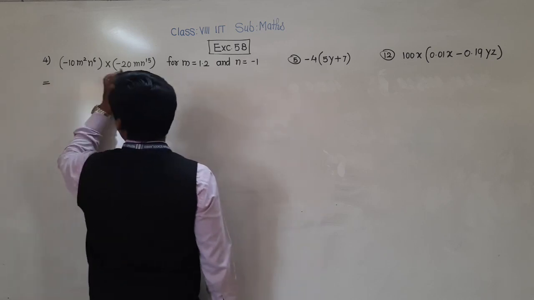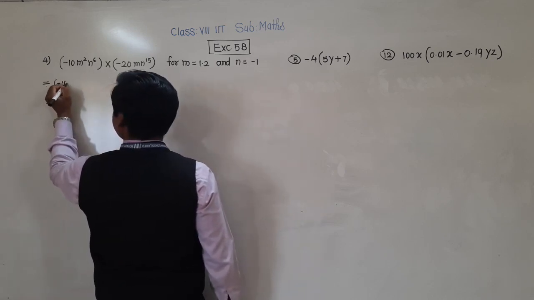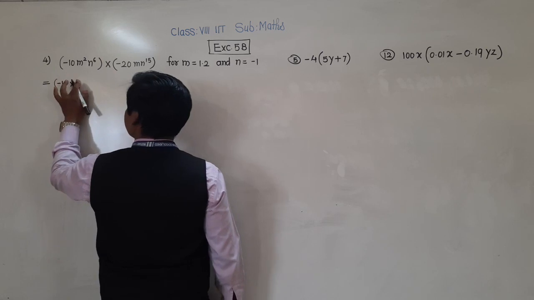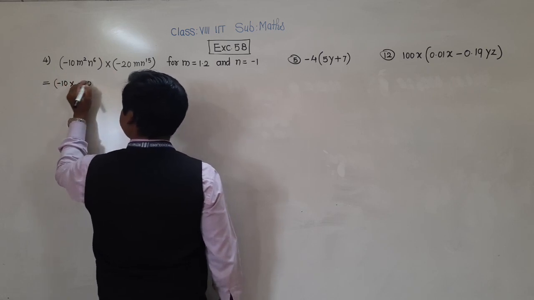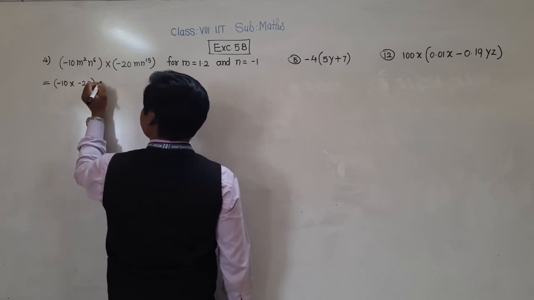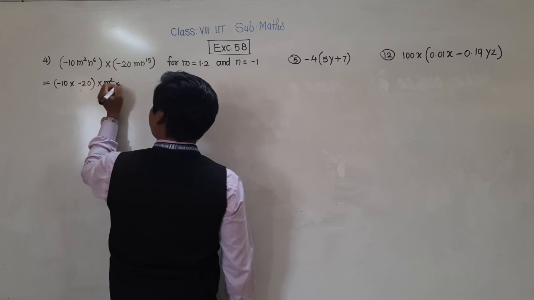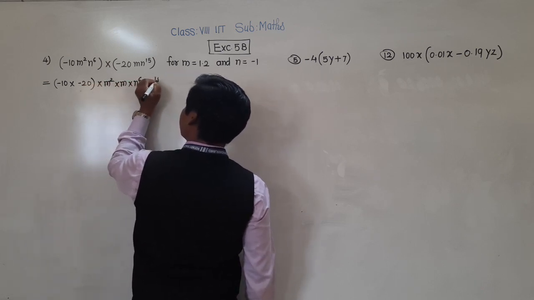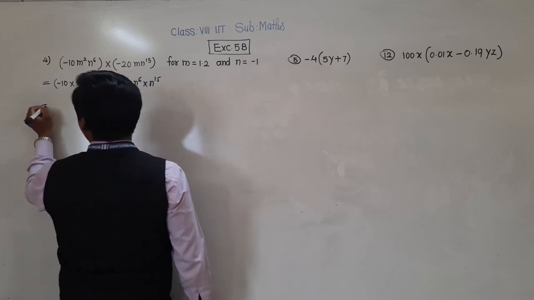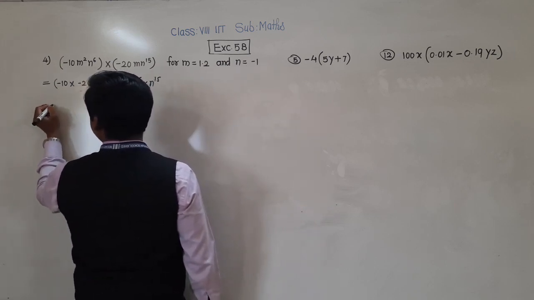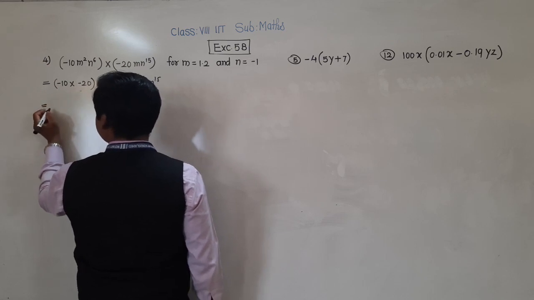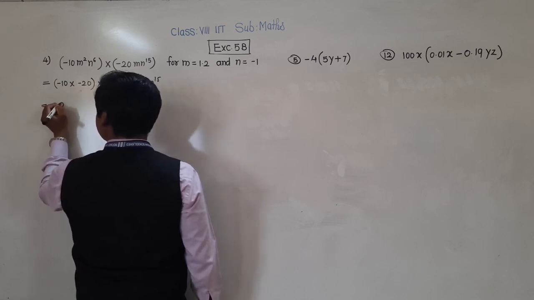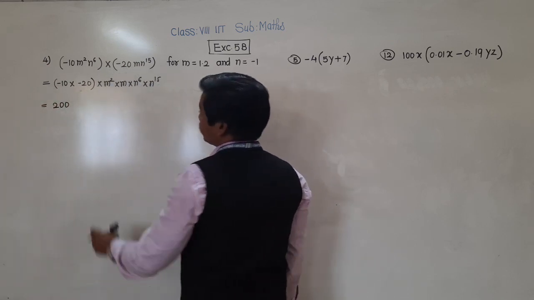So see here, first multiply the numerical coefficient minus 10 into minus 20, then m square into m, into n raised to 6 into n raised to 15. Minus 10 into minus 20, minus into minus becomes plus, 10 into 20 becomes 200. Correct?